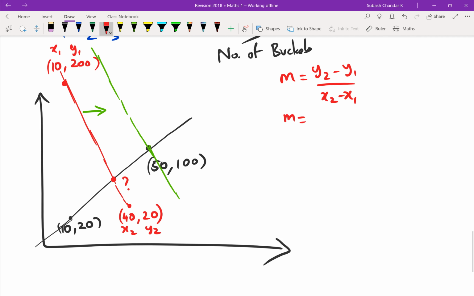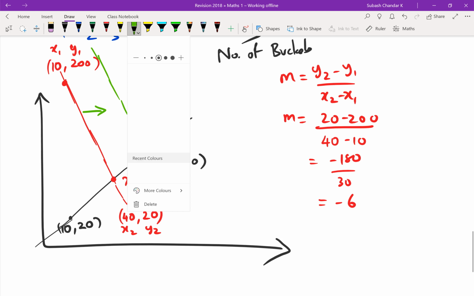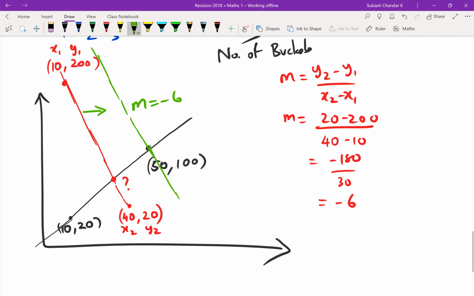So gradient equals 20 take away 200 divided by 40 take away 10, which is negative 180 over 30, which equals negative 6. Are we okay with that? So that was step number 1, finding the slope. Now, if the red slope is negative 6, then the green slope is also negative 6.